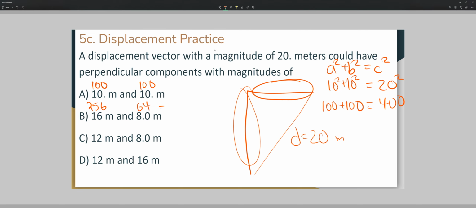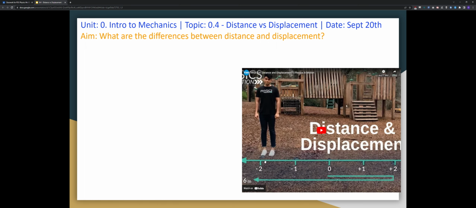You're going to get 320. 12 squared is 144. That's 64. That's not going to give you 400. 12 squared is 144. 16 squared is 256. That will actually get you 400. And so the answer here is D. That's it.